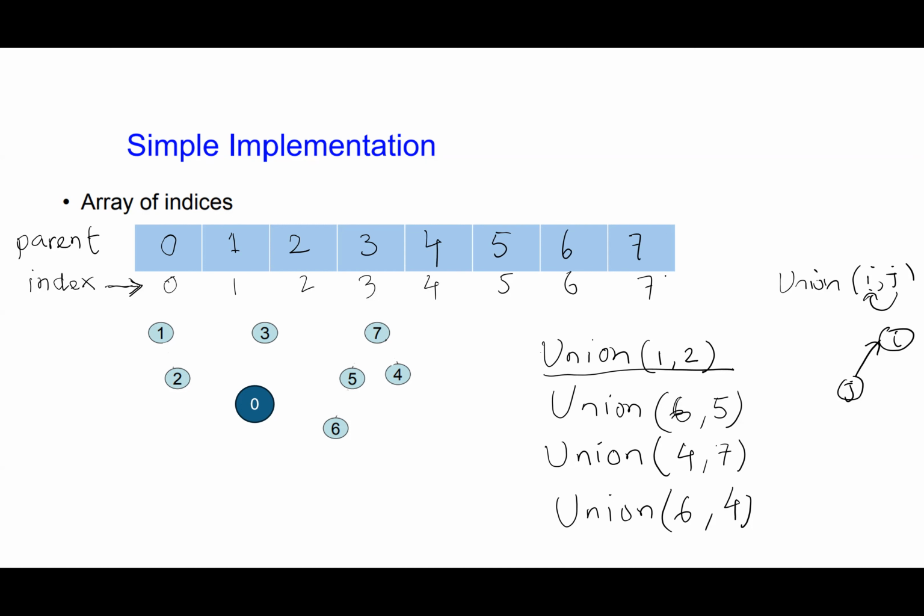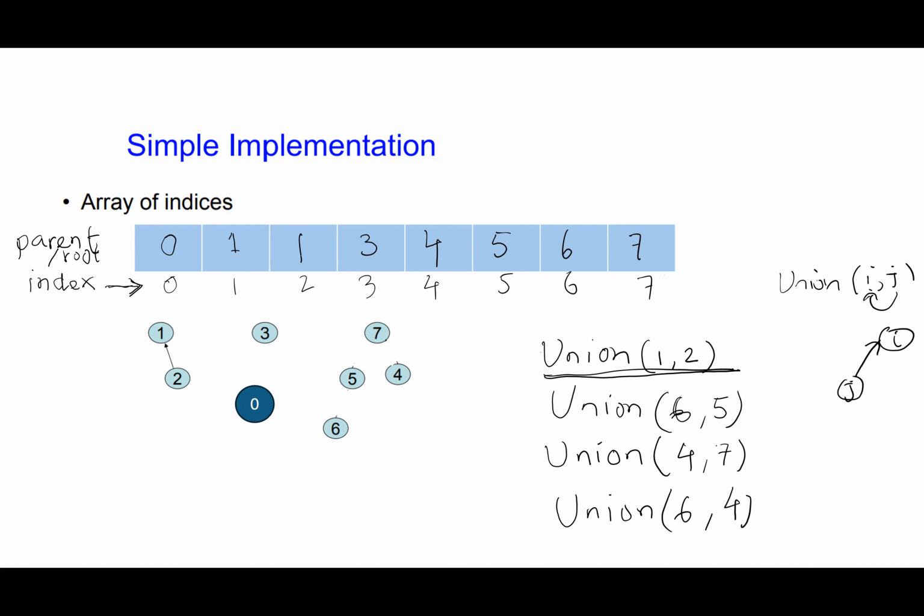So this is the index, and these are the root values. Initially, every set was a parent of itself, or you can say root of itself. Then union i, j creates a link from j to i. Once I did union 1, 2, a link was created from 2 to 1, and I have to change the parent at index 2.